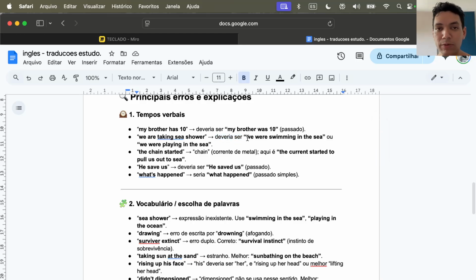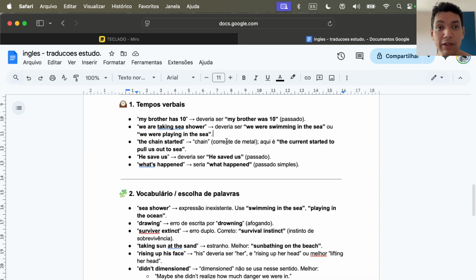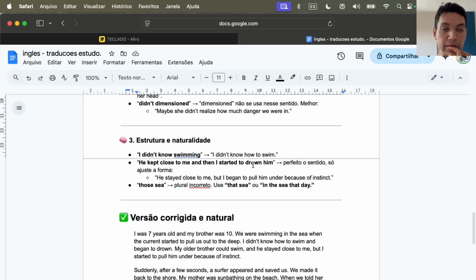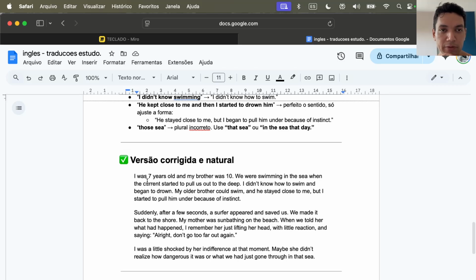So I tried to say we were swimming in the sea, okay? And ChatGPT will put the corrections here, and at the end it will show you the final, natural version, okay?